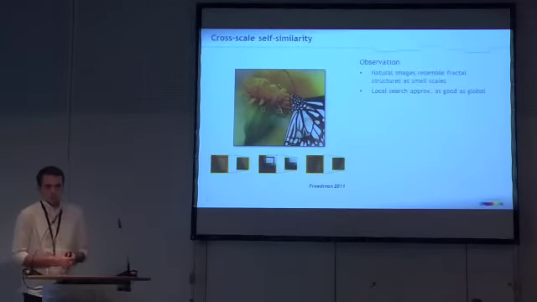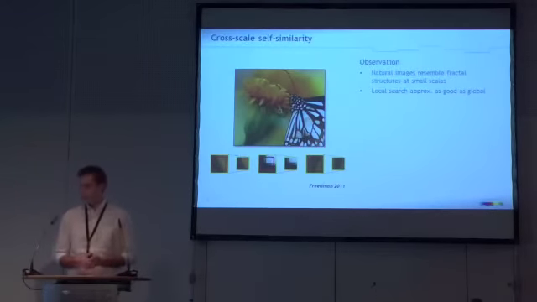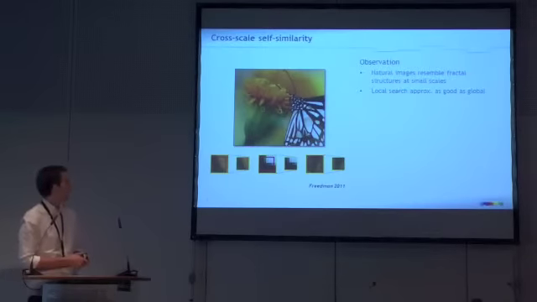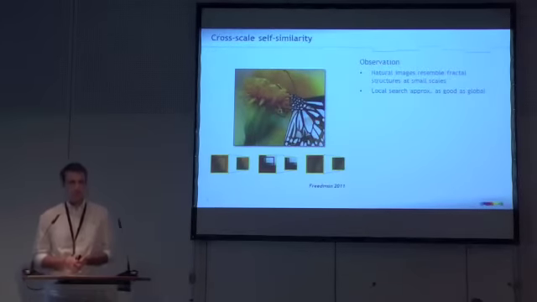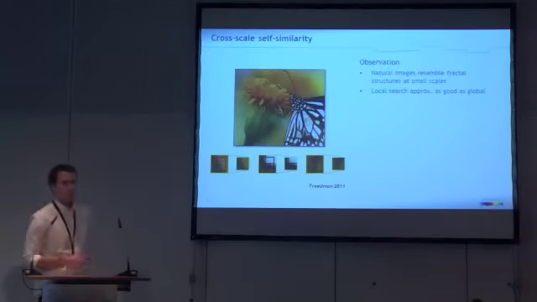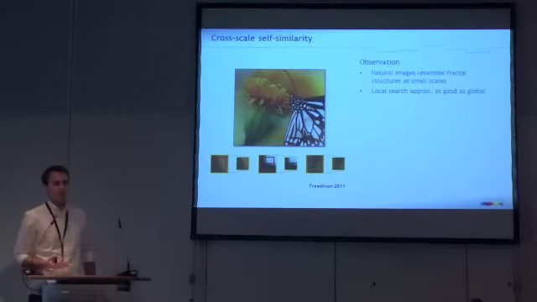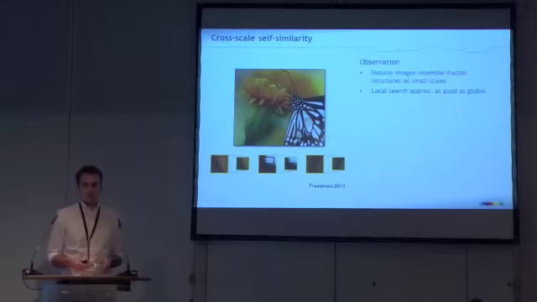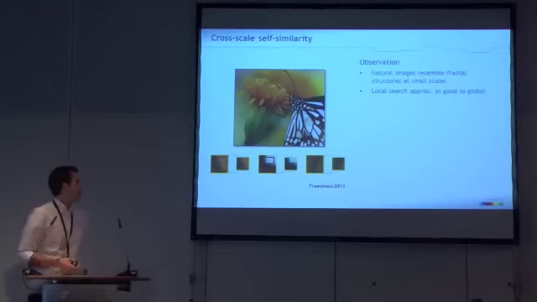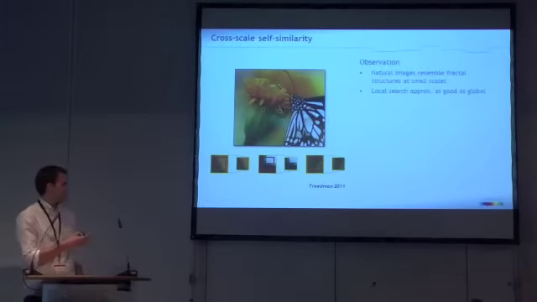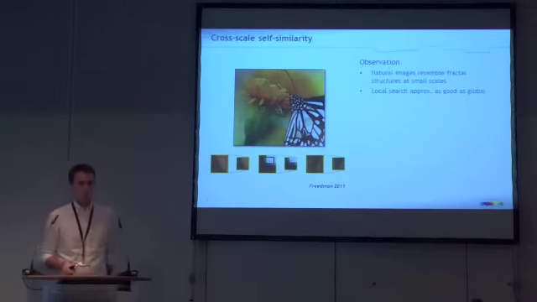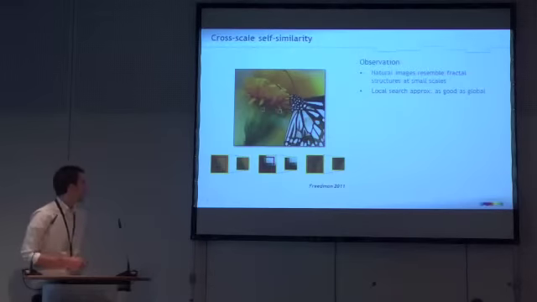So we are interested in single image super resolution, and what we are going to exploit is a feature that occurs in natural images, which is called cross-scale self-similarity. It basically says that if you take a region of an image, downscale it, and look for a smaller block within the image, it's very likely that you find something which, up to a very high percentage, resembles the downscaled sample.